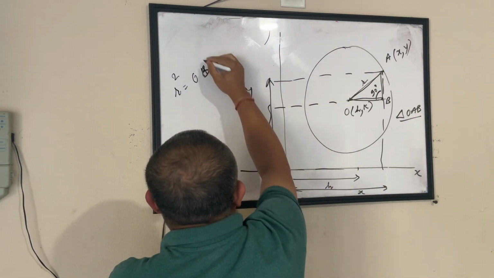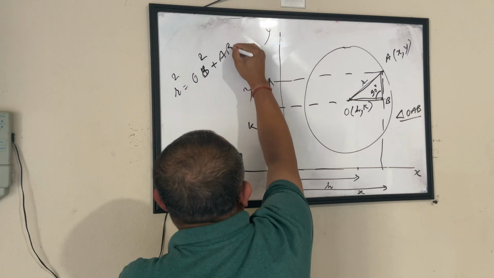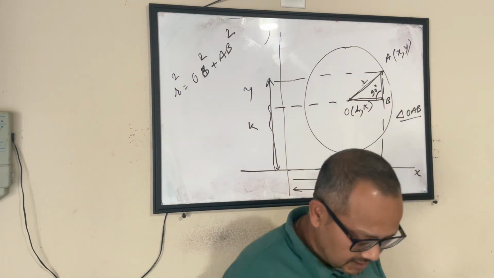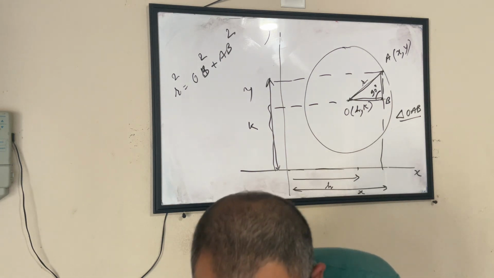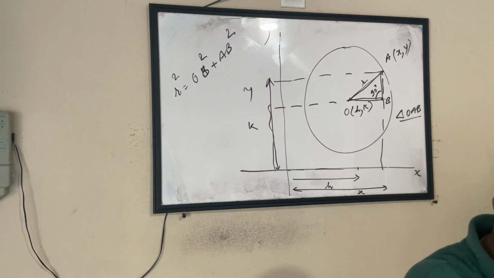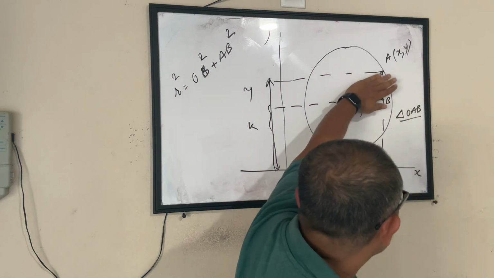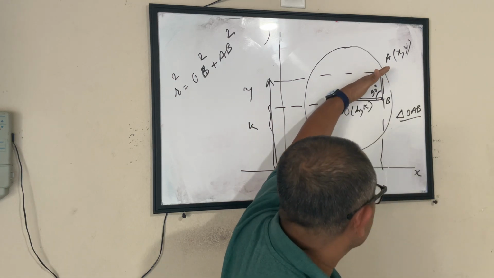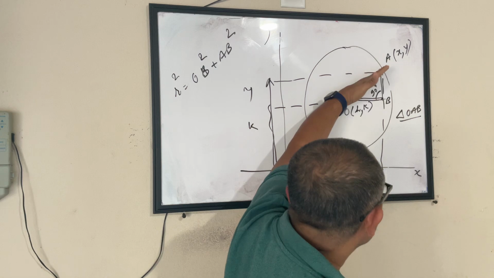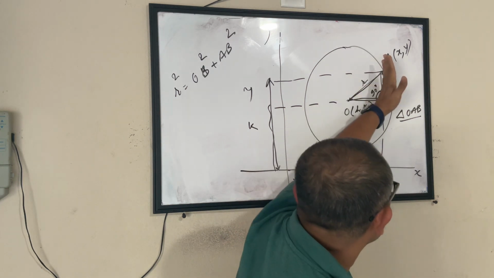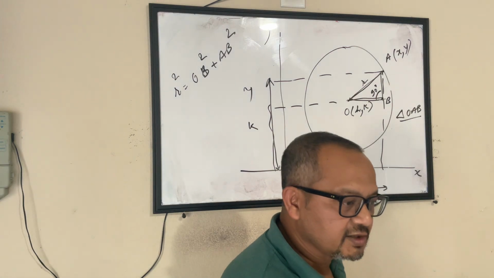This is my right angle triangle, and for this right angle triangle, this radius, which is the radius of the circle, is nothing but the hypotenuse. So this square will be equal to this square plus this square. So far clear?